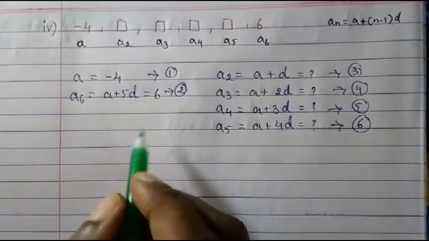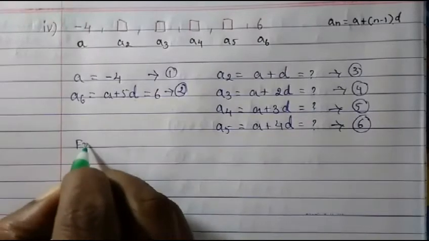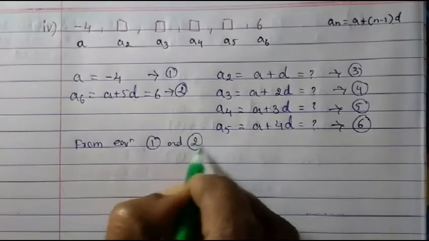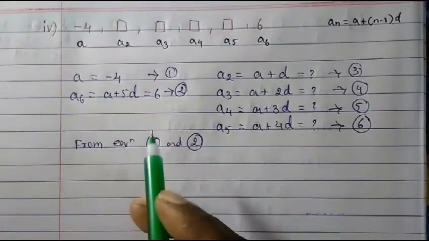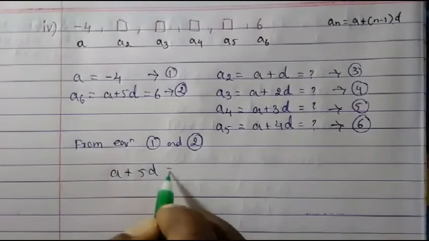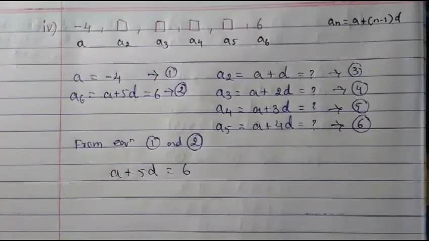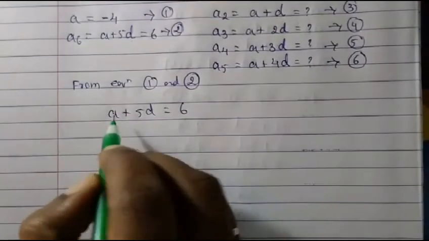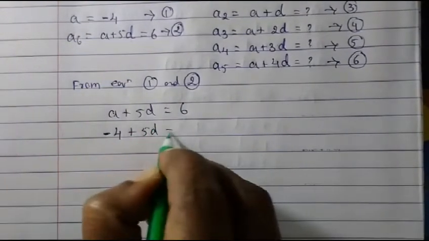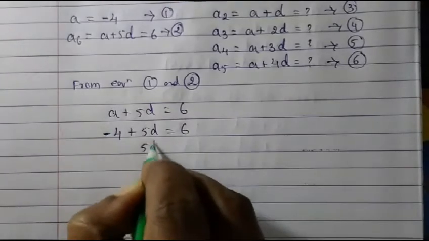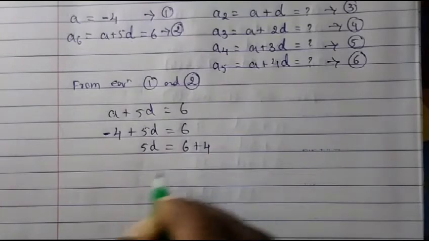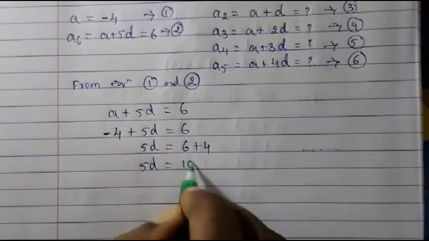So from equation 1 and 2, we'll get the d value. This is A plus 5d is equal to 6. A we already know, that is minus 4. So 5d equal to 6, and the minus 4 comes to this side as plus, so 5d equal to 10.